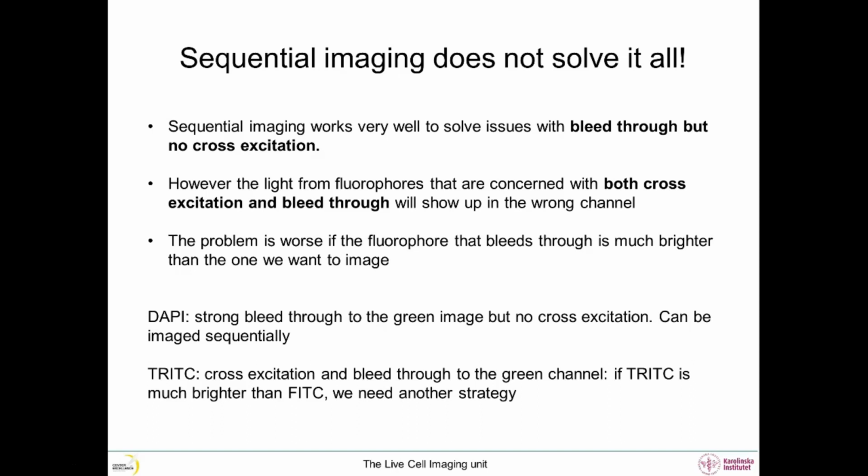That is because the fluorophore that we do not want to image is excited by the wrong laser, so it starts emitting, and at the same time, its emission is not cut off by the emission filter. And the problem, as we have seen, is worse if the fluorophore that bleeds through is much brighter than the one we want to image.